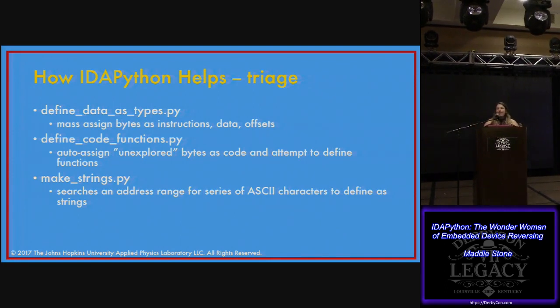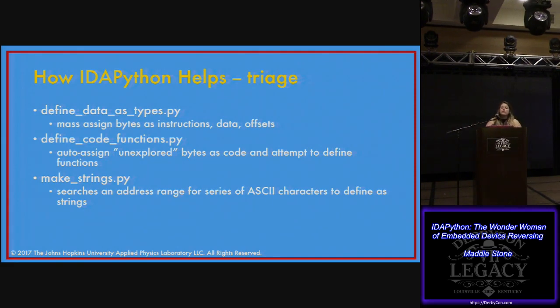Instead of having to go down a whole block that looks like a table and hit D, D, D all the way down through it, you put in some addresses, tell it what size, whether it's a byte, word, or double word table, and it will go through and define all of it for you in one fell swoop.